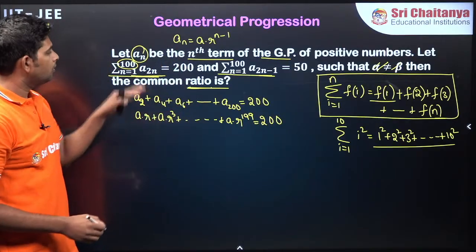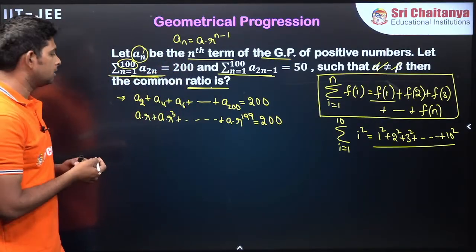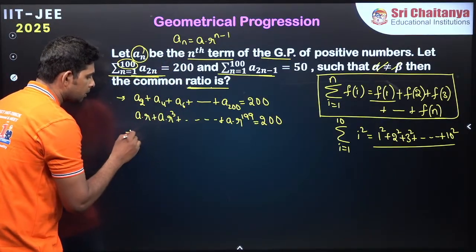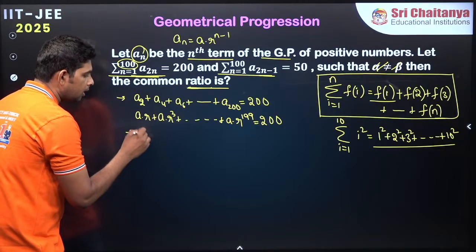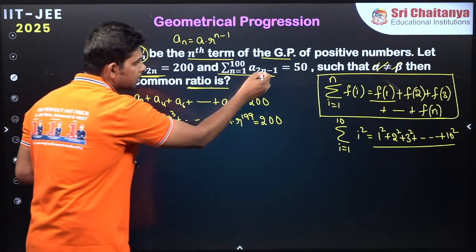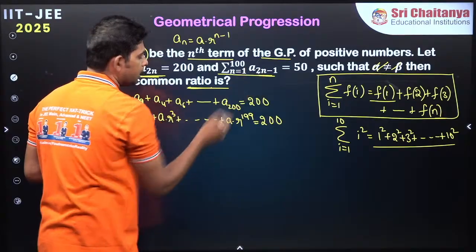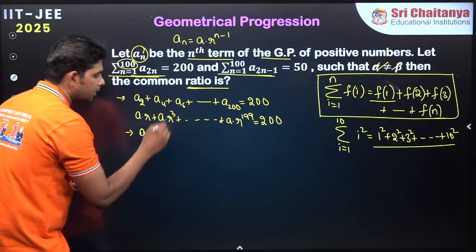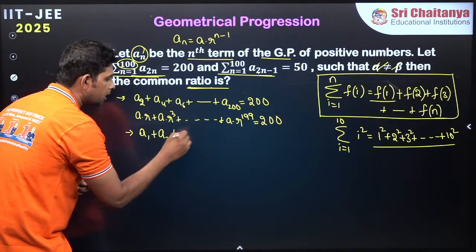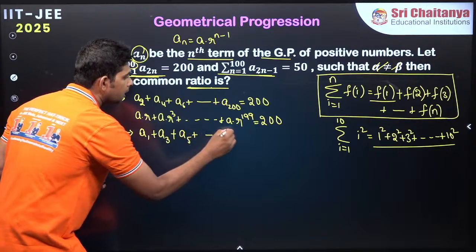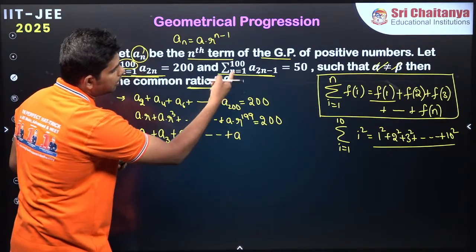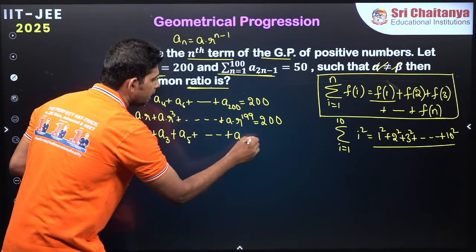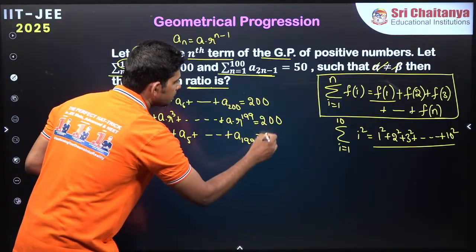Now let us see the second condition they have given. That is a1, because you are substituting n equals 1, giving 2 minus 1, so a1 plus a3 plus a5 up to a199, which equals 50.